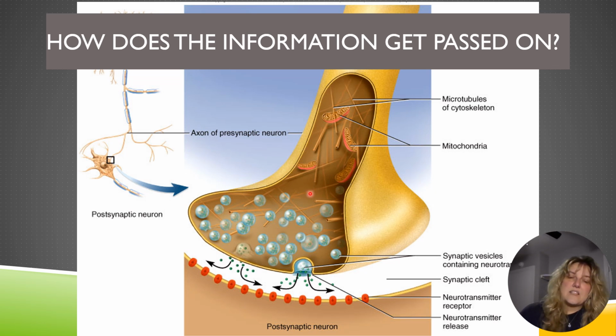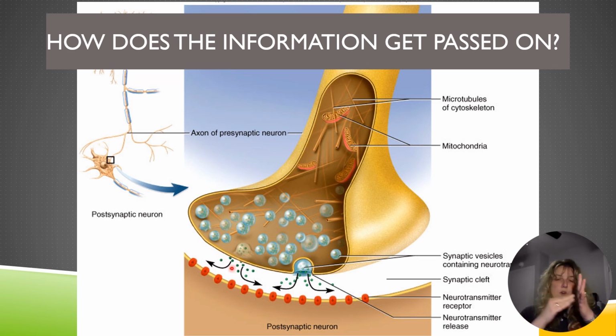Inside that synaptic knob, you have these little vesicles, and you should be familiar with vesicles. We talked about the term in the cytology lecture, but the vesicles are filled with a neurotransmitter, and that neurotransmitter has the ability to jump across that gap.